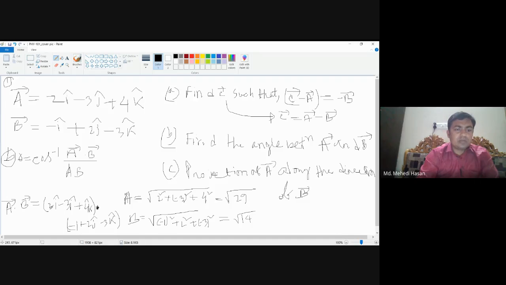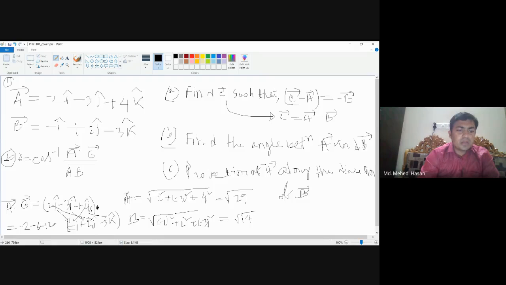But here no need to calculate the 9 terms, because i dot j is 0 and i dot k is also 0. So we multiply this with this, this with this, and this with this, because the other multiplications are 0. So the result will be like that: 2i into minus i. I dot i is 1, so 2 into minus 1 is minus 2, minus 3 into 2 is minus 6, and 4 into minus 3 is minus 12.